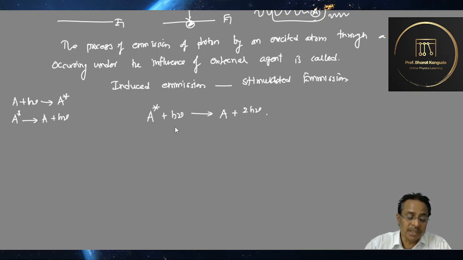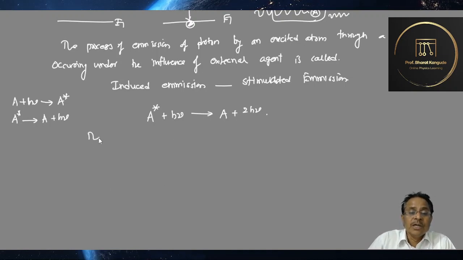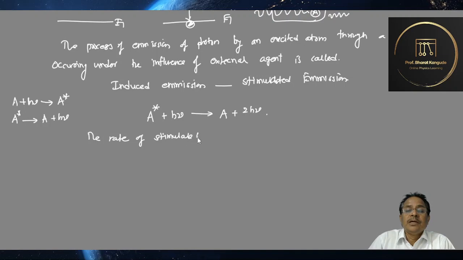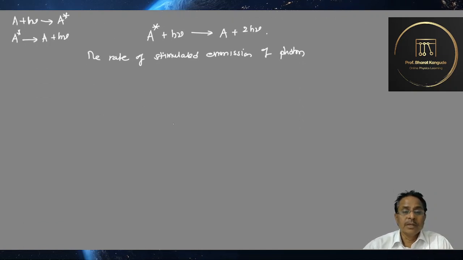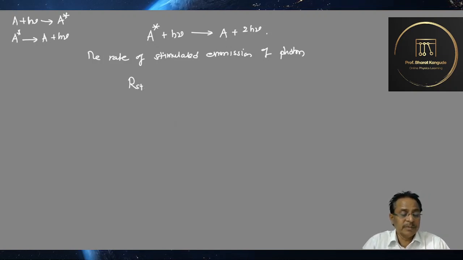This is the equation required for this type of induced, or stimulated, emission. And therefore, on the same lines, the rate of stimulated emission of photons can be written as R ST, where SP means spontaneous emission and ST means stimulated emission.